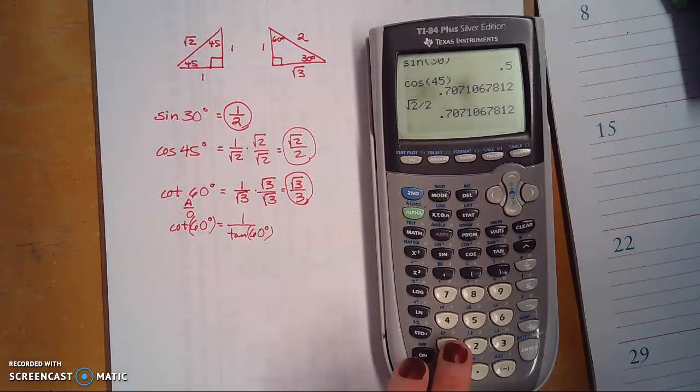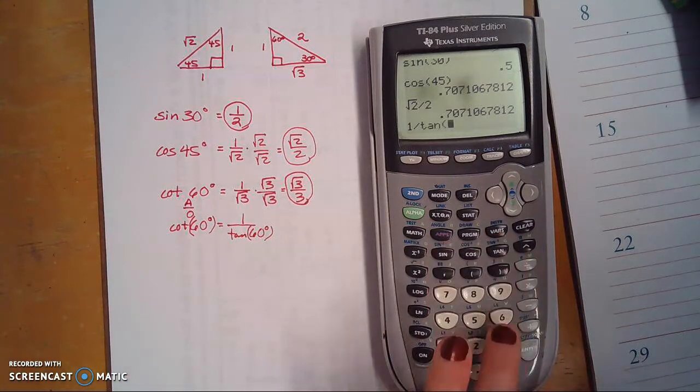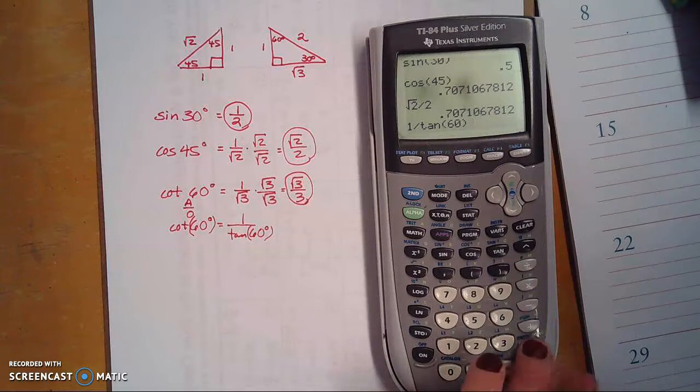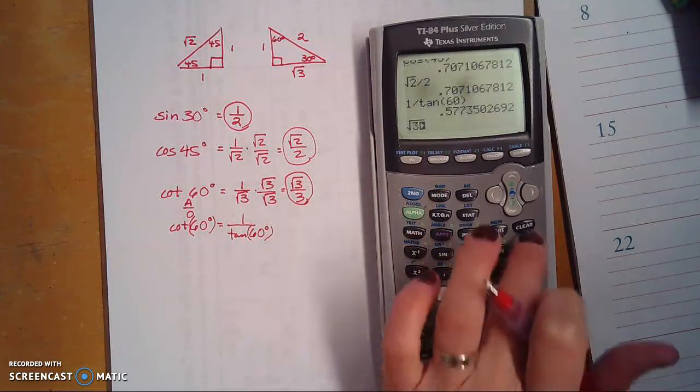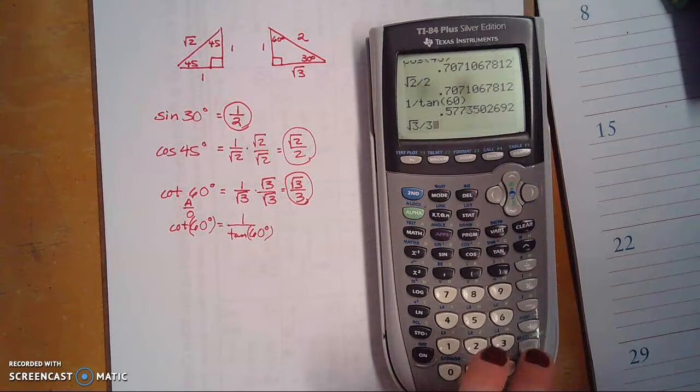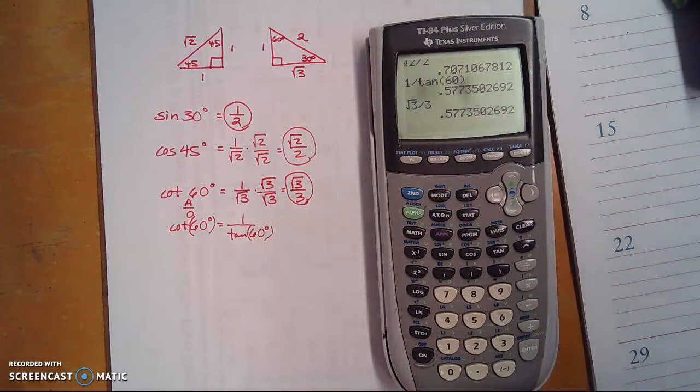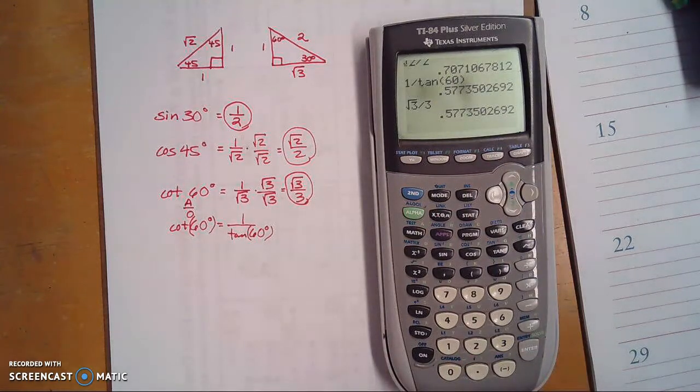So if we enter this in as 1 divided by the tangent of 60 degrees, we get about 0.58. Let's check the square root of 3 over 3, and that's also giving us the same value. So you're going to need to relate the reciprocals here to their original trig function. So cotangent is 1 over tangent, secant is 1 over cosine, and cosecant is 1 over sine.